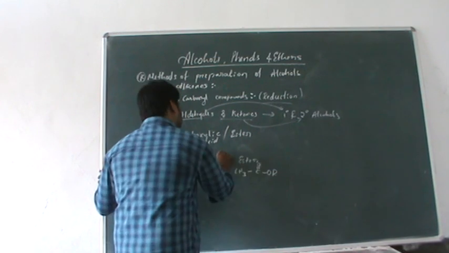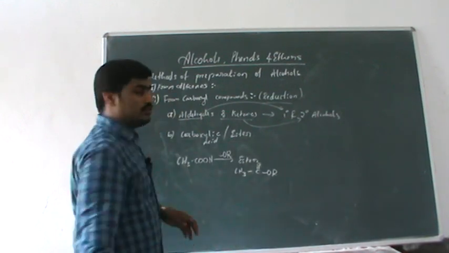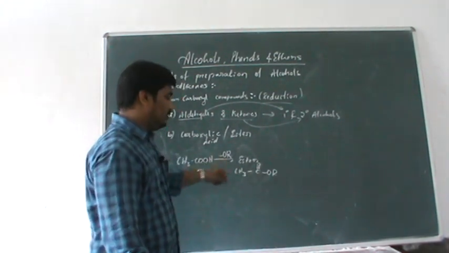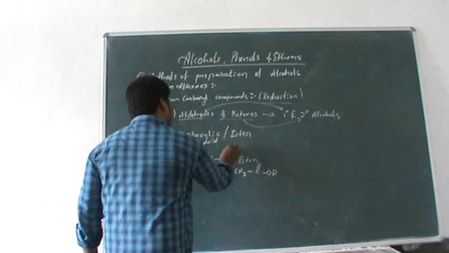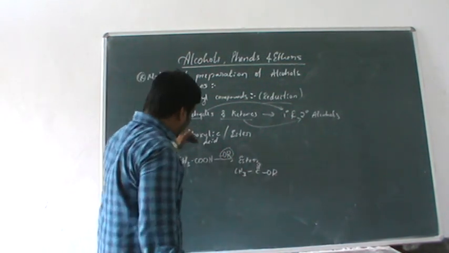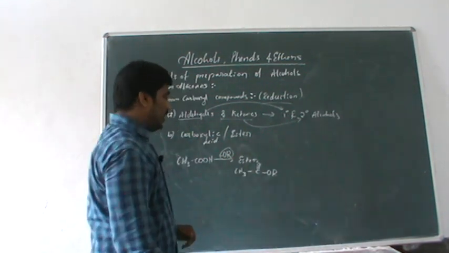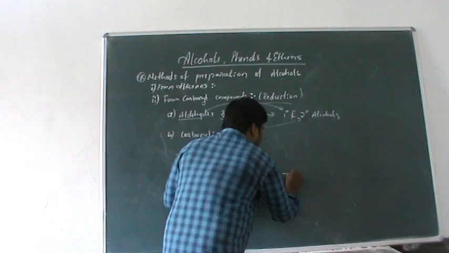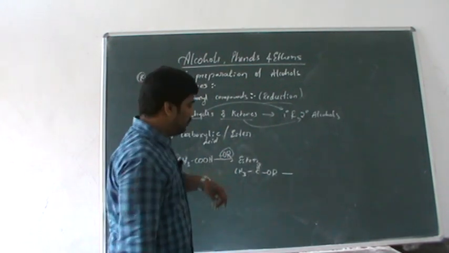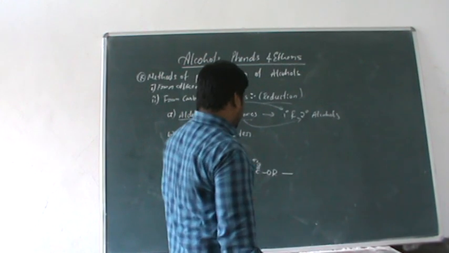By treating with an alcohol, the carboxylic acid is converted into ester, with an alkoxide group, it gives ester.